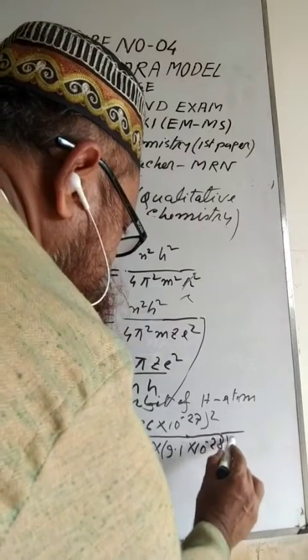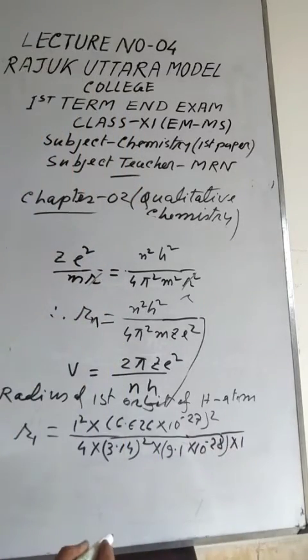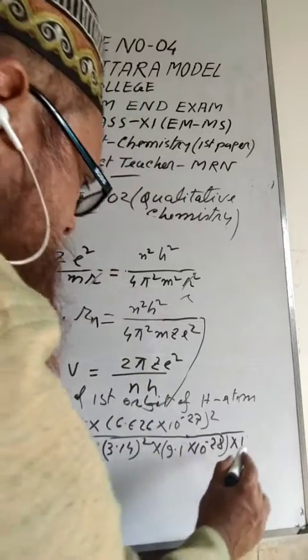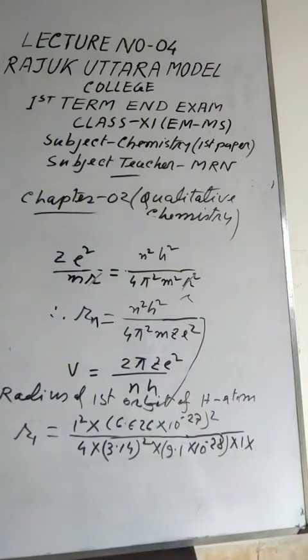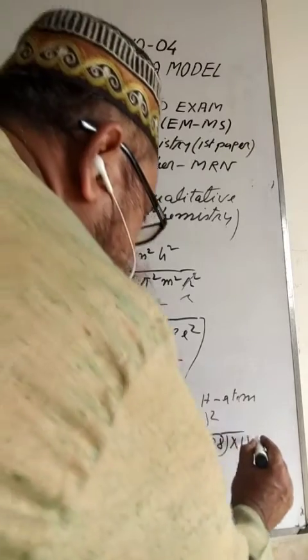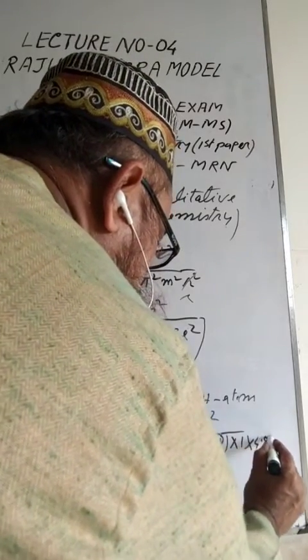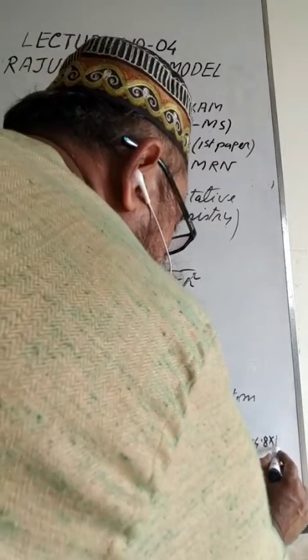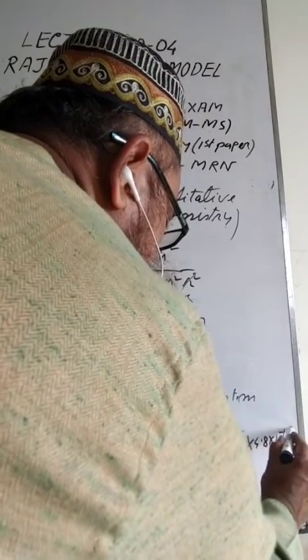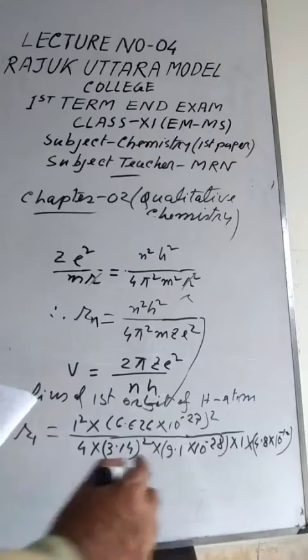Z, since it's hydrogen, Z value proton number is 1, and charge of electron 4.8 into 10 to the power minus 10 ESU square.